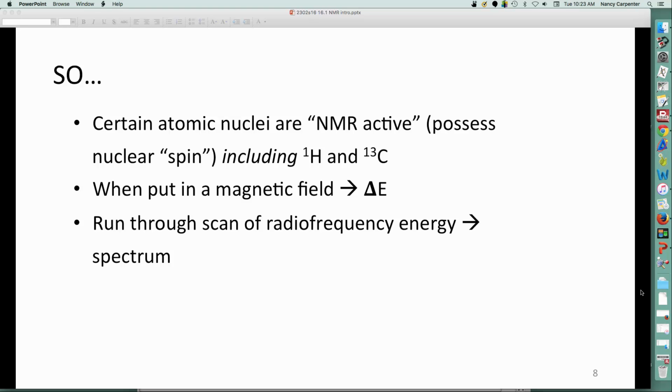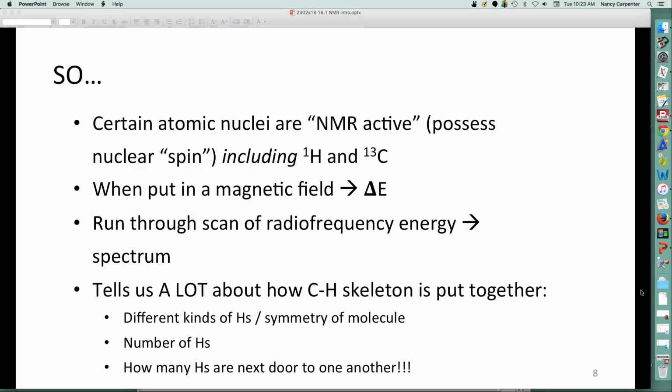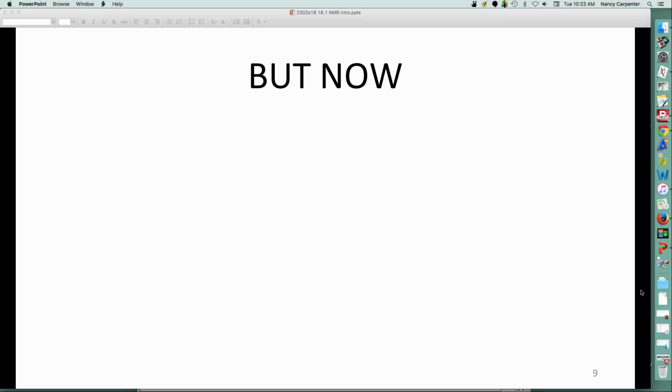So I put this in the poles of a magnet, run it through a scan of radio frequency energy, and then I get this spectrum, which tells us so much information about the connectivity of the molecule, the different kinds of hydrogens, the symmetry of the molecule, the number of hydrogens associated with each signal, and even how many hydrogens are sitting next door to each one. Amazing stuff.